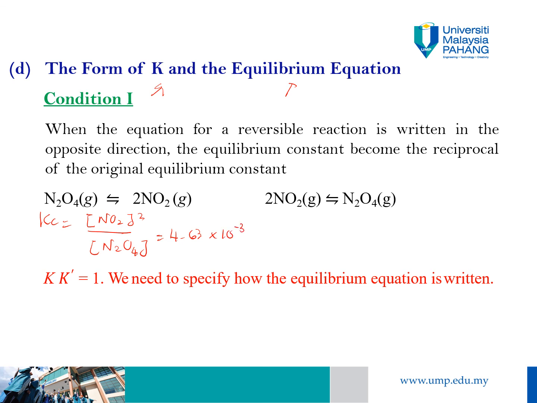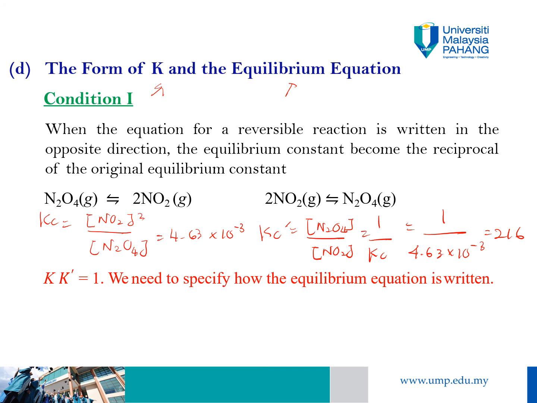When the reaction is reversed, the Kc prime is equal to 1 over Kc, or 1 divided by 4.63 times 10 to the power negative 3, so we get 216, which is K times K prime is equal to 1.